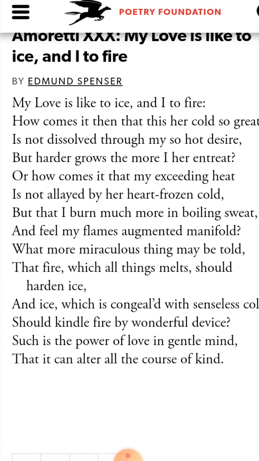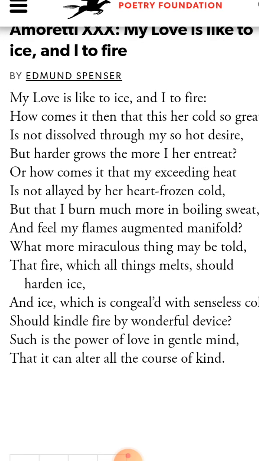It is increasing the boiling sweat or the hotness of his love for his wife. However, it is quite against the nature of love, but their love is quite different from others.